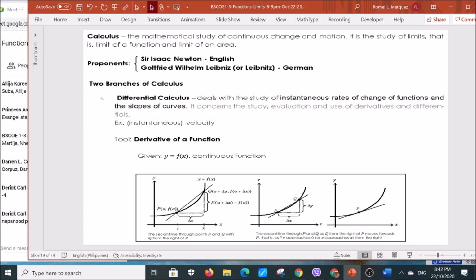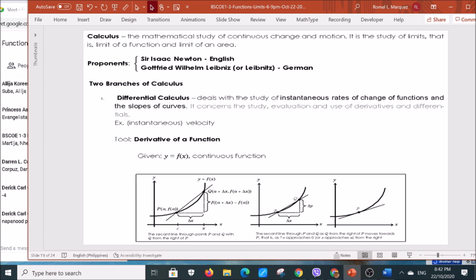That's where calculus gets in. And motion or change has something to do with limits. So calculus can also be defined as the study of limits, in particular limit of a function and limit of an area. Limit of a function in differential calculus, limit of an area in integral calculus.